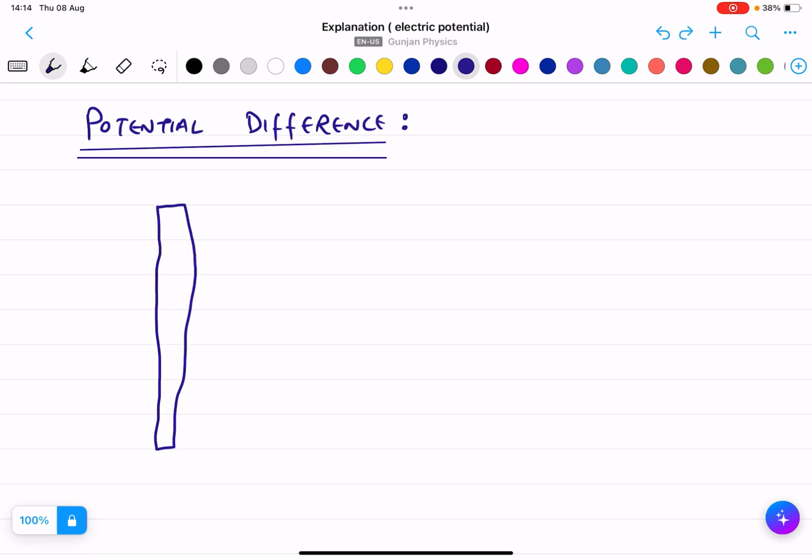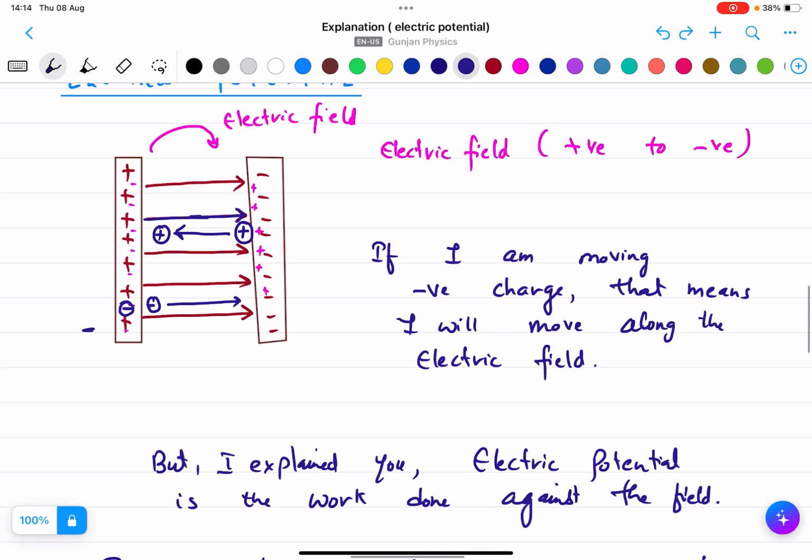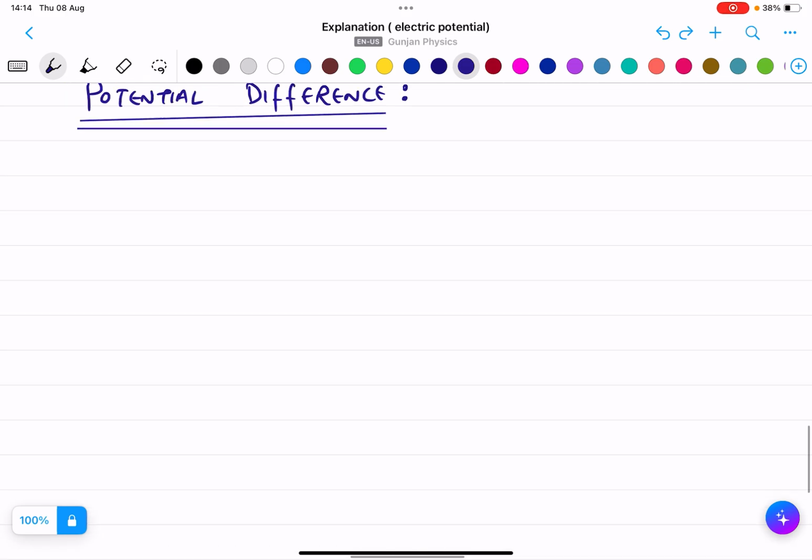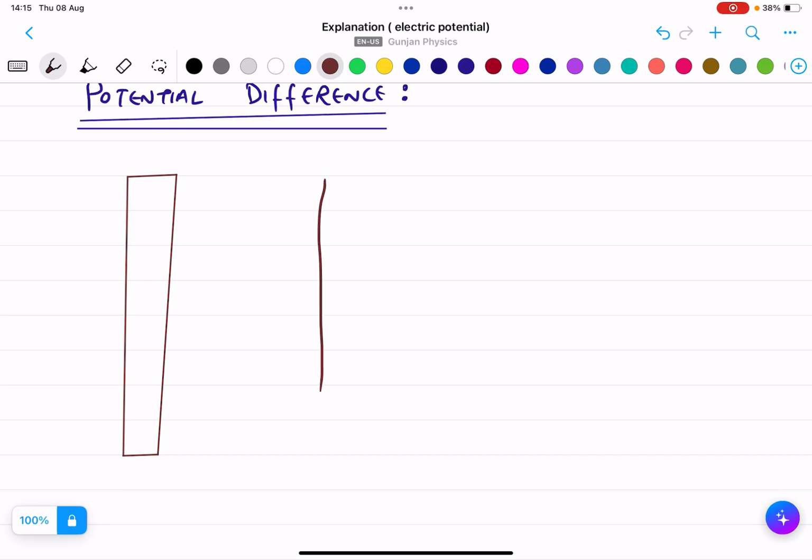Wait, let me just copy this now. So I'm just making two rods now. See, it will not come right. My hands can't draw straight lines. Please just think these are straight rods.